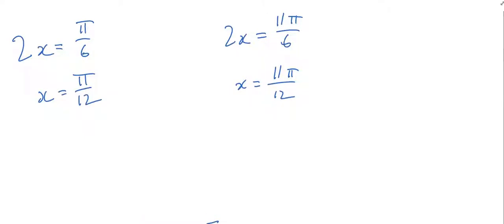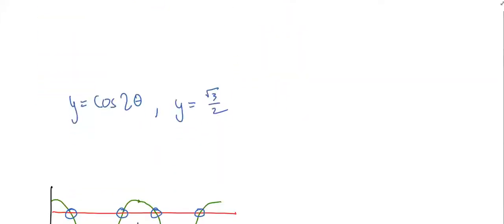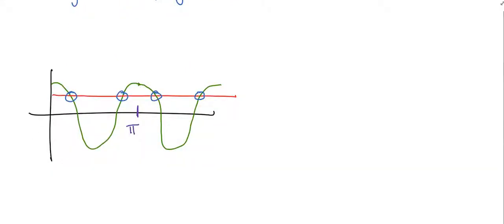Where they didn't come out, and what happened here? I'm supposed to find all the places those graphs cross that line, or that function crosses that line, up to 2 pi. And if we think about transformations, we understand that we would get 2 cycles of this function in 2 pi. So exactly what Lucas said, there's going to be 4 answers.